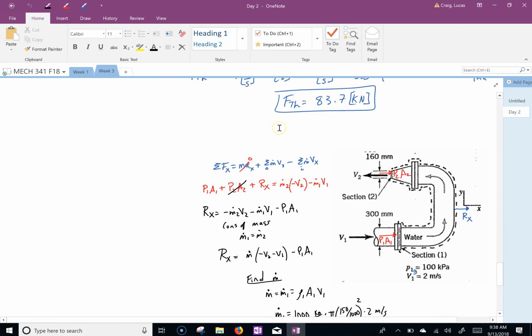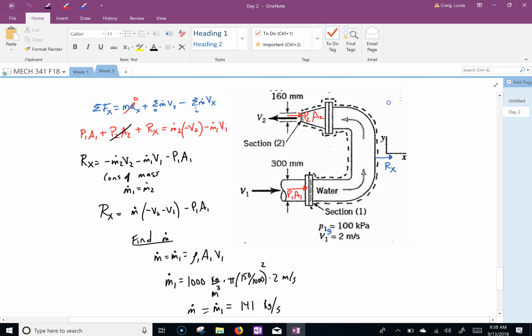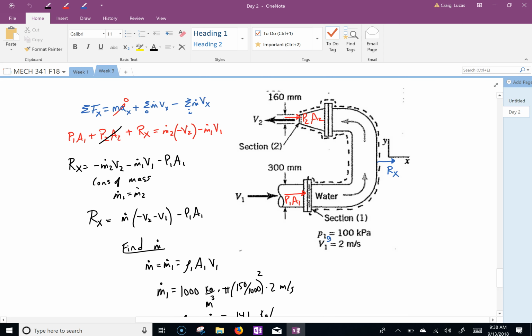Yeah. All right. Then we did this one. Oh yeah, I forgot we did this one. Here we have some sort of water nozzle, and we wanted to figure out the reaction force in the x direction to hold it there so it doesn't move. How many times have you had the shower head at the bottom in your shower?